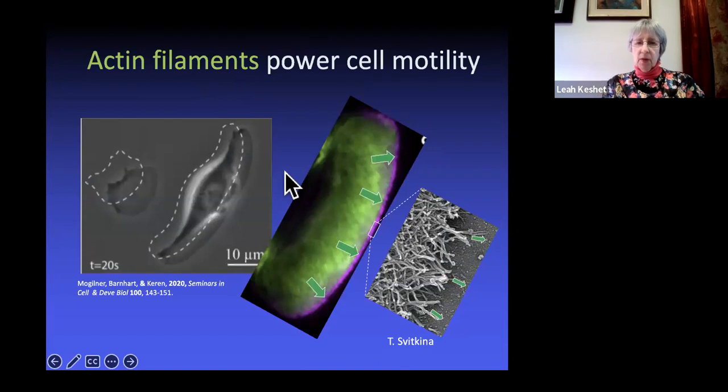Now let me tell you a little bit about what's going on in the cell to allow it to move. Inside the cell, there are structural proteins called actin, and they form filaments that extend at their ends. Those ends are basically pointed toward what becomes the front edge of the cell. As new monomers are added onto these biological polymers, that allows the cell to push out or protrude.